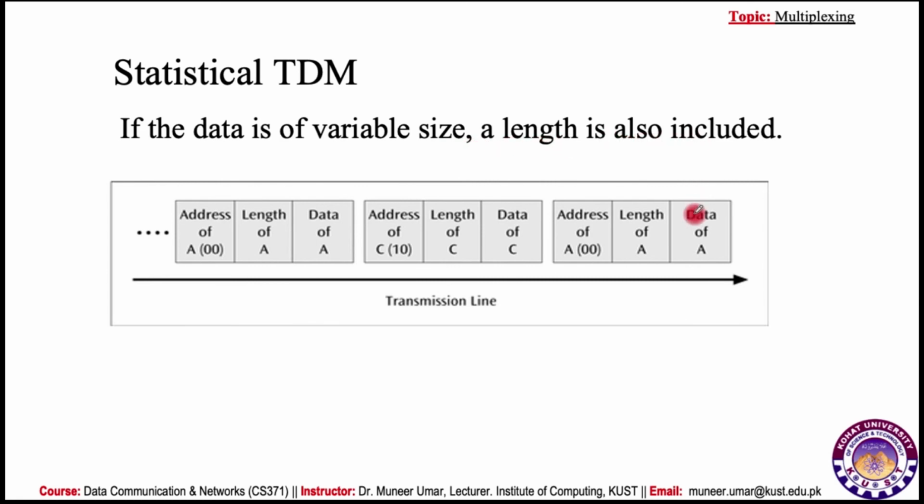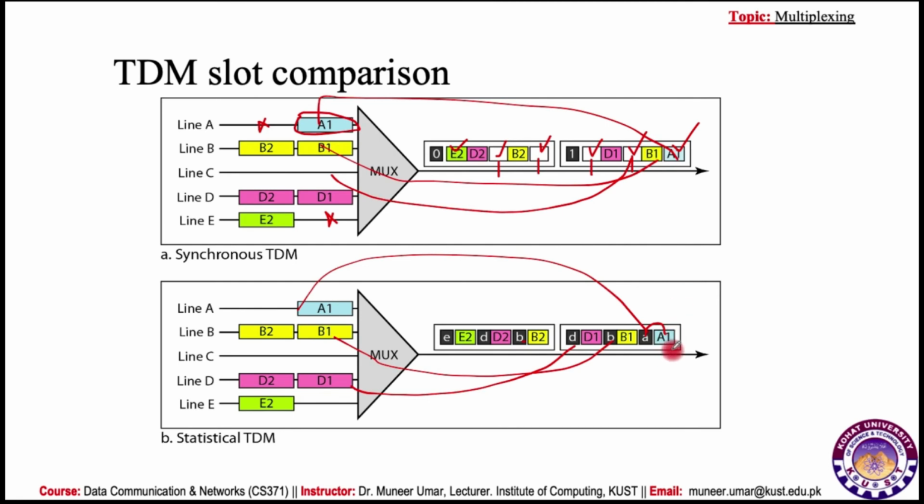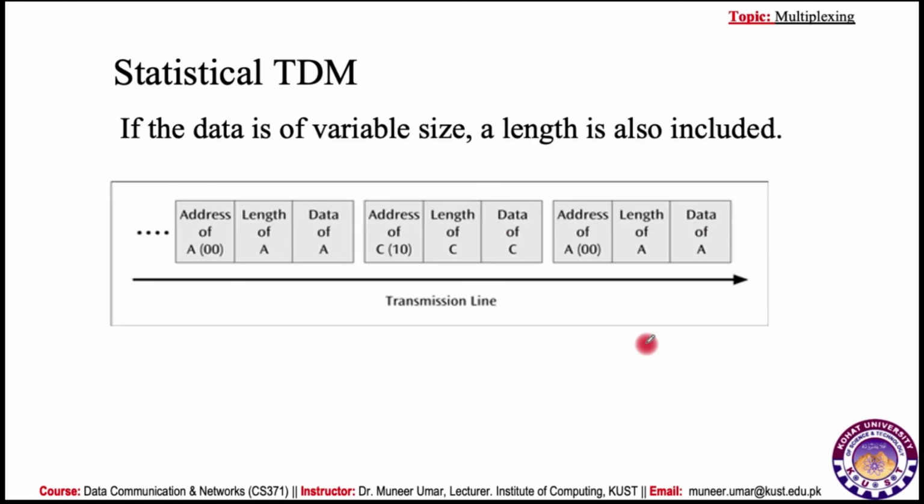It is possible that we don't use fixed slots here. So for that purpose, we must also provide the length of that block with the address. So it would be like this: data of A, length of A, and address of A. This whole thing would be about line A or device A.